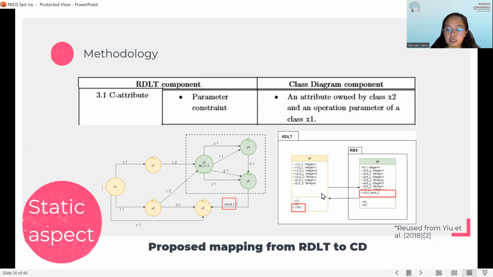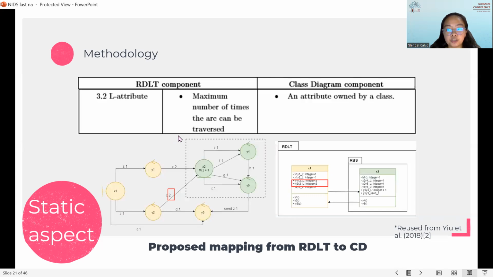So in CD, the parameter sendZ on operation Y3 expects the parameter Z in order to execute operation 3. And then the L attribute, which is the maximum number of times the arc can be traversed, is mapped into an attribute owned by a class in class diagram.